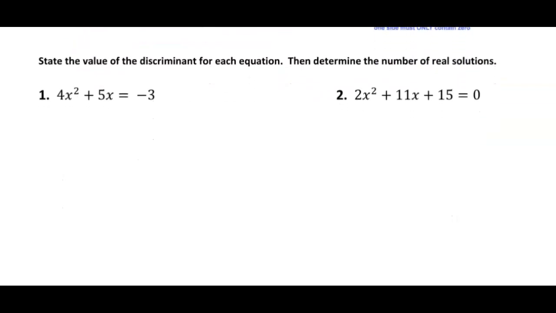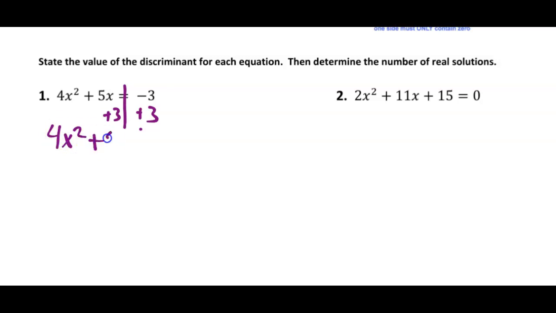So if I were going to do that for number 1, first of all, it's not in the right order. I've got to fix this first. I need to add 3 to both sides. So I'm going to get 4x squared plus 5x plus 3 equals 0. Now I'm just going to do the part underneath the radical, the b squared minus 4ac.